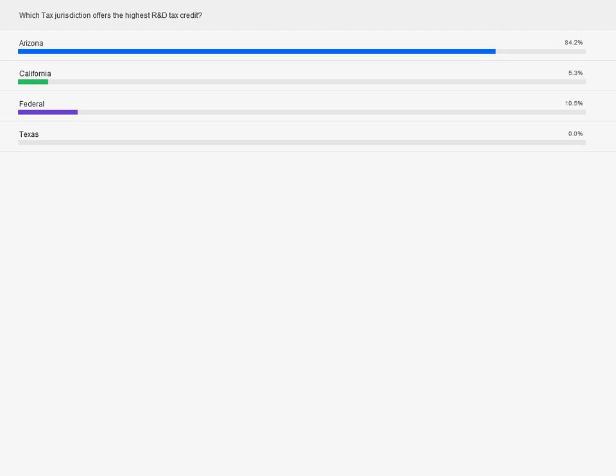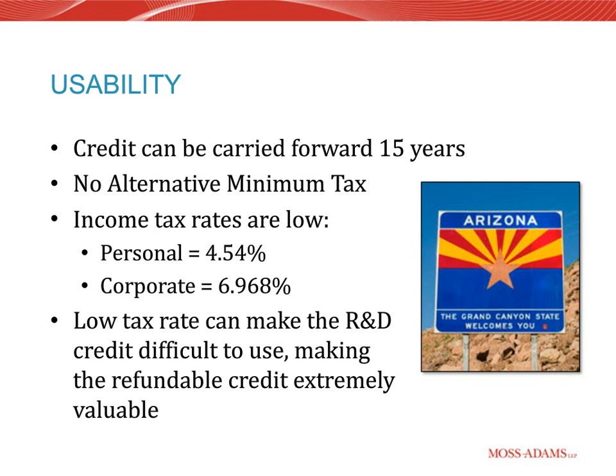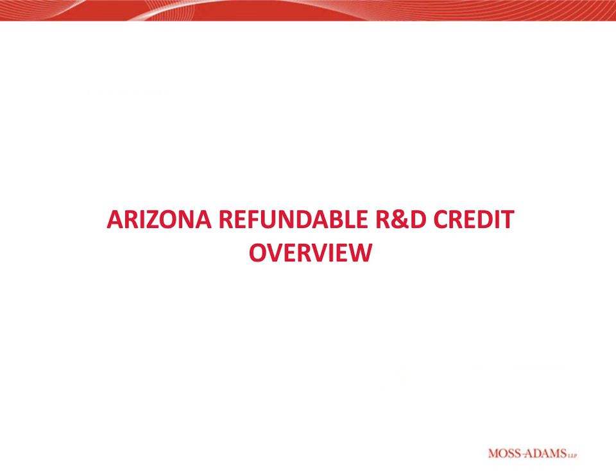All right, so now Peter's going to begin an overview of the Arizona refundable credit. This refundable option is only available to companies with 150 or fewer full-time equivalent employees. A full-time equivalent employee is essentially two half-time employees working 20 hours a week equaling one full-time equivalent employee.